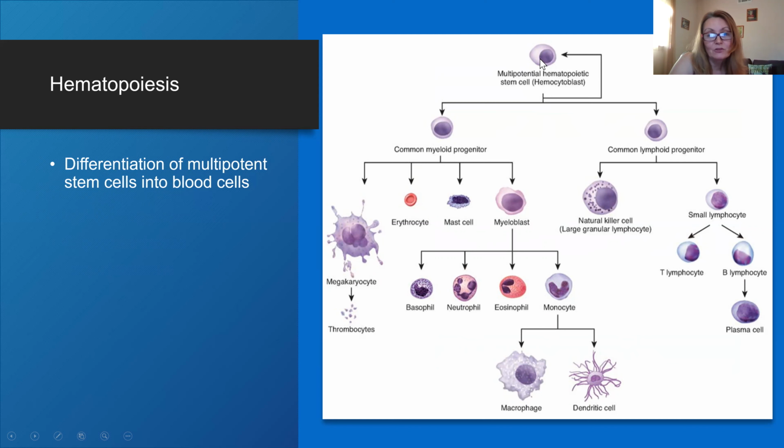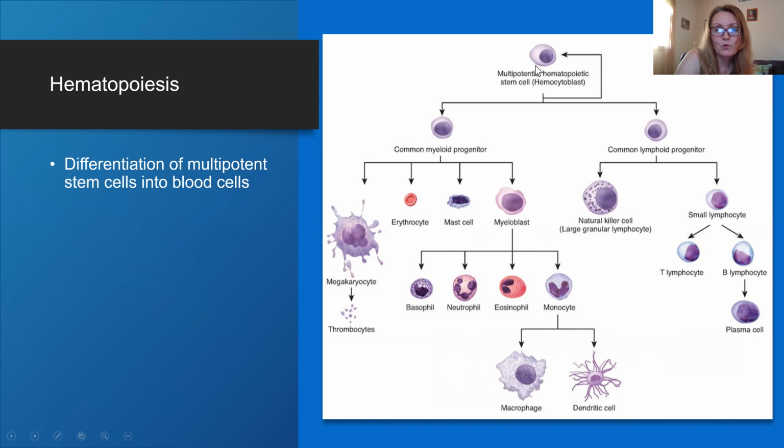This cell not only can differentiate into all these cells that can be found in your blood plasma and in your tissue fluids, it also keeps its own population. So it divides, but you don't run out of it, right? They renew themselves. That's what this arrow shows. So they keep their population, or number of cells, constant.